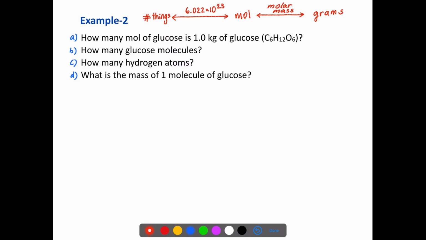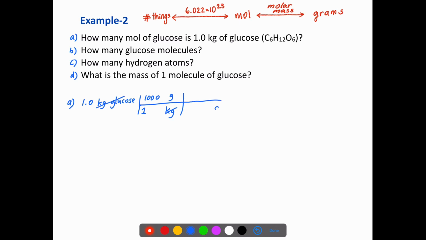So here's how you will work this out. Start with what you're given. So 1 kilogram glucose, and go from kilograms to grams, and we know that 1 kilogram has 1,000 grams. Okay, kilograms cancel out.